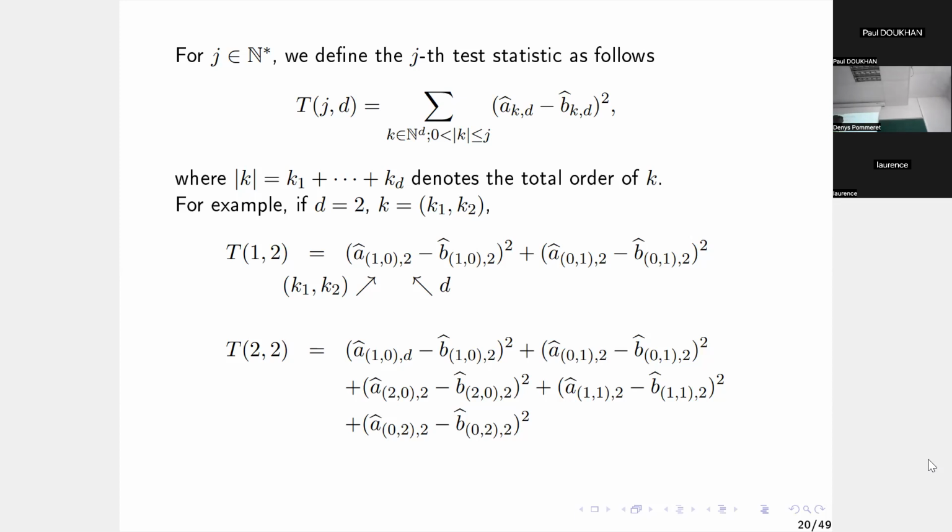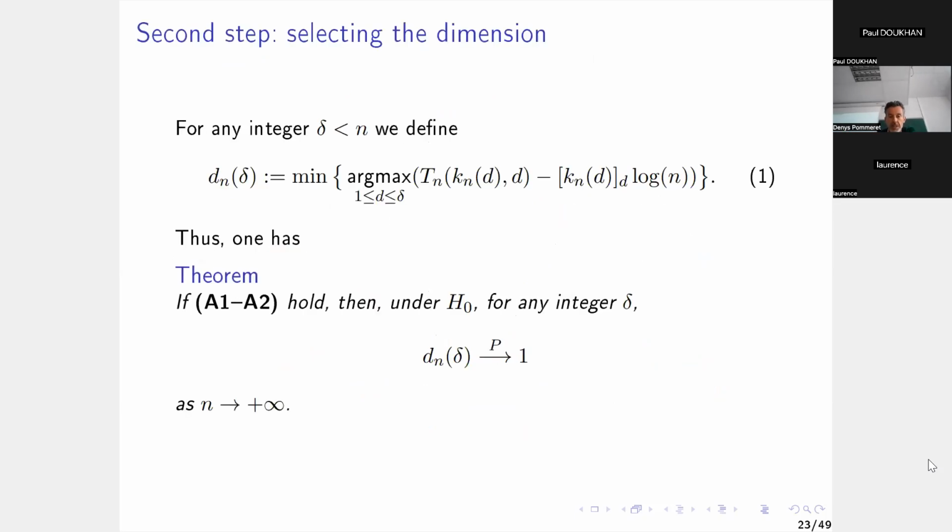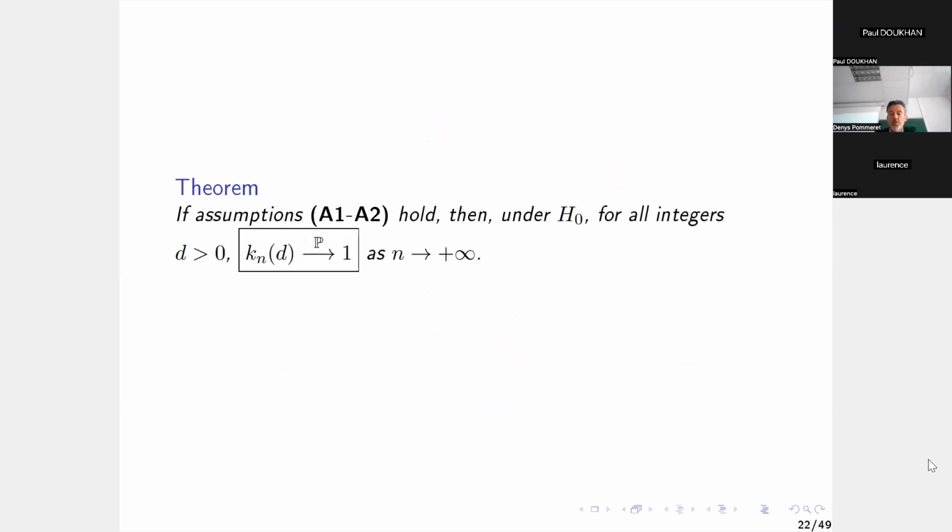So finally, if you put a penalization, the penalization is greater than the noise, so you just keep the first coefficient, and finally you just choose the first difference. And now, which is the dimension that you want to compare? It is exactly the same thing.